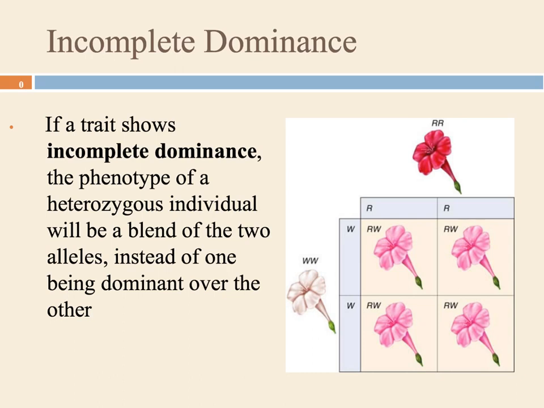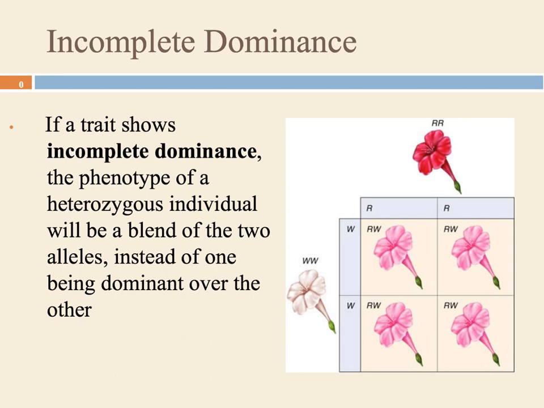So typically we write it as you see here on the board. All right, red is big R, and then white would be big W, and then an individual that is heterozygous will show the pink, or the blending of the two. So RW will show pink flowers.